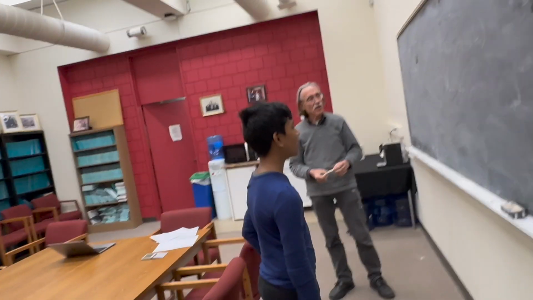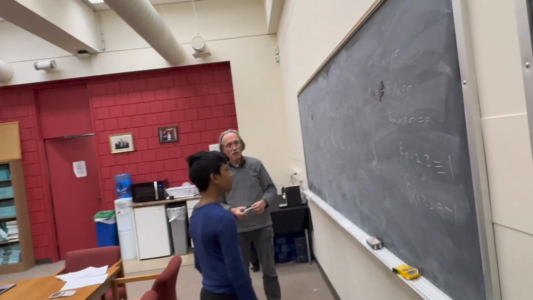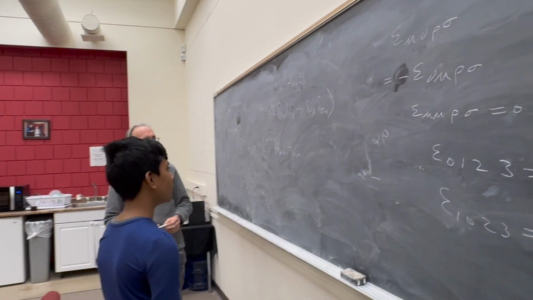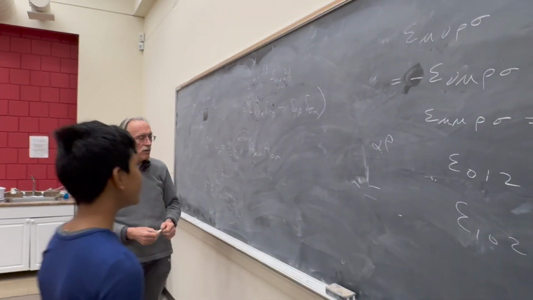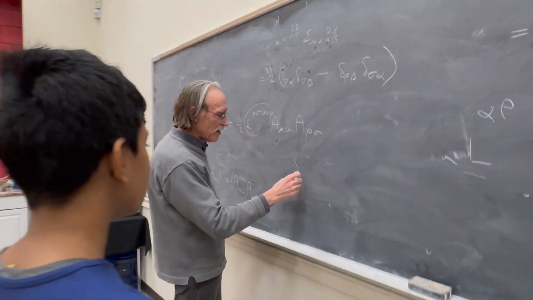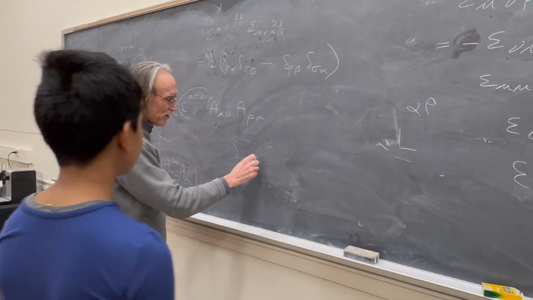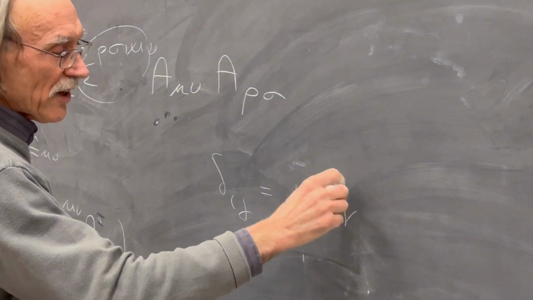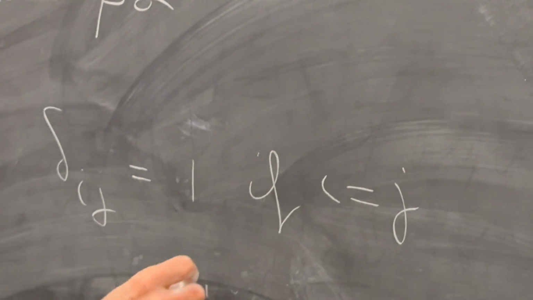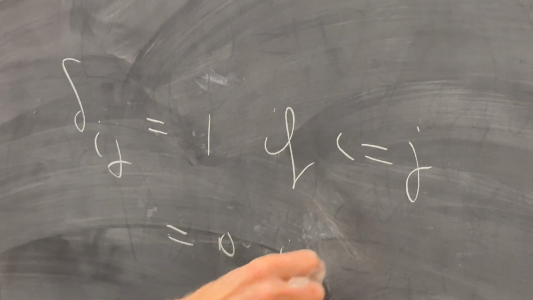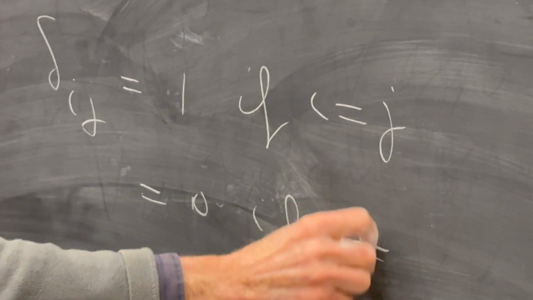It may just be bad memory, but I don't think you referenced delta before this page. So what exactly is delta? Delta is the so-called Kronecker delta. It is equal to 1 if i is equal to j, and it is equal to 0 if i is not equal to j.